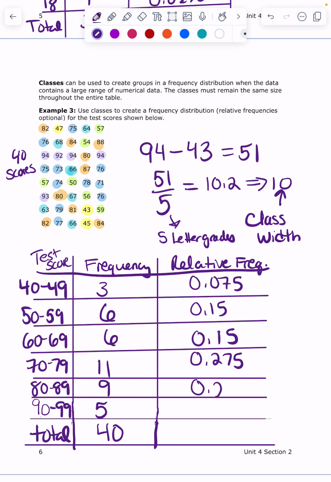I don't even have to round on these because they all come out as nice short decimals. 5 divided by 40 is 0.125. So this would come out to be exactly 1 because I didn't do any rounding when I add up all the relative frequencies.